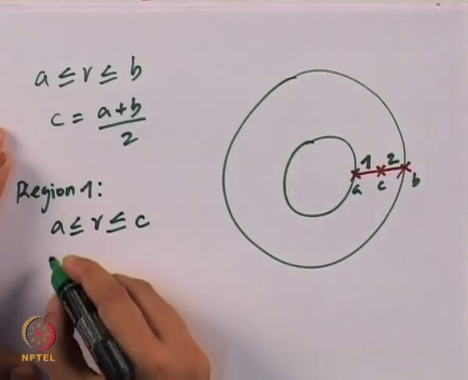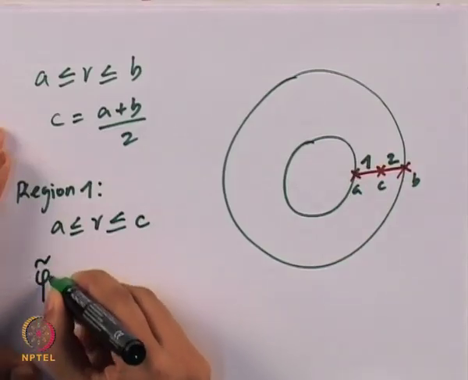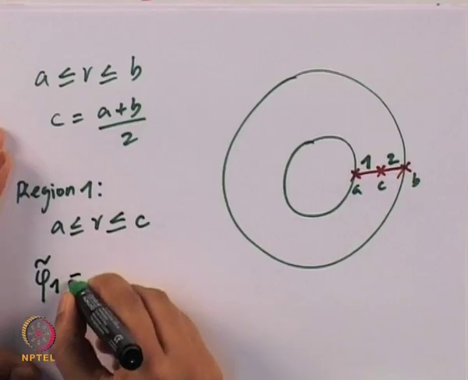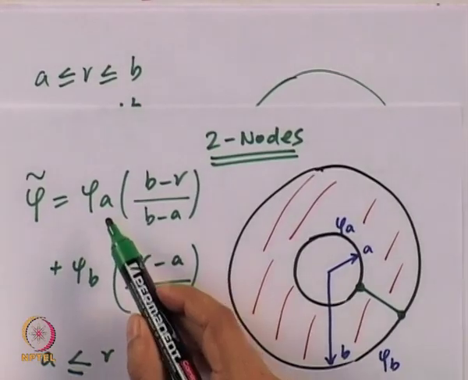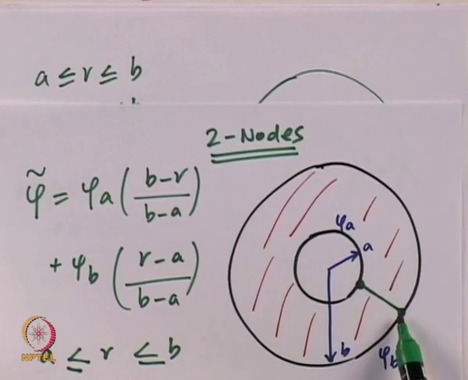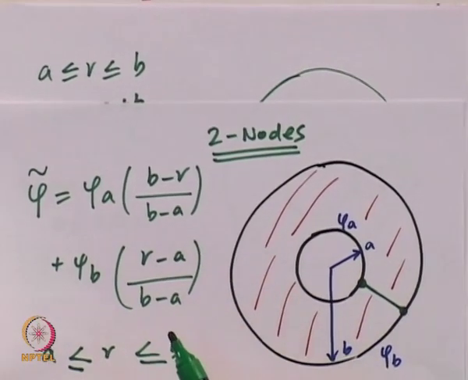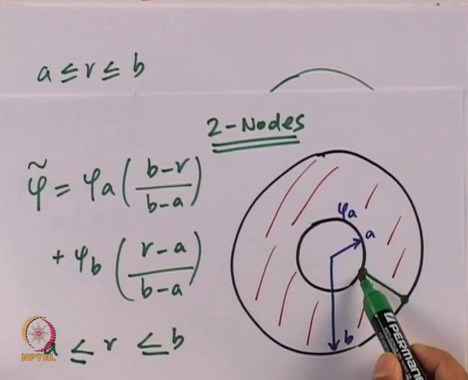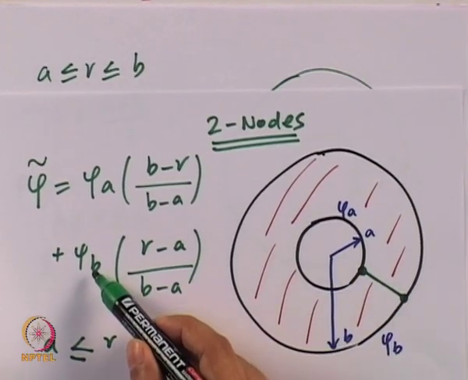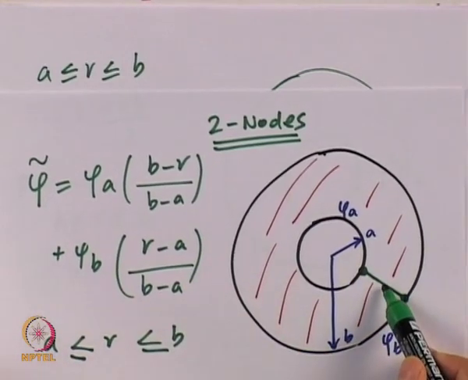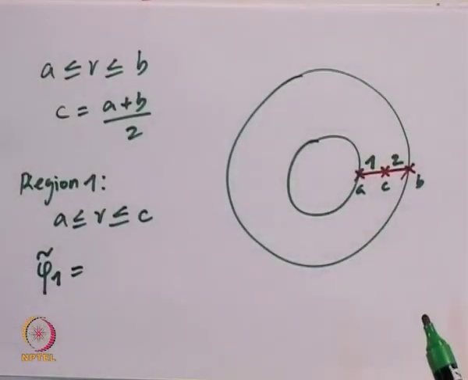For this region, we can compute the phi approximation 1, that is equal to, like before, the first value and the second value multiplied by certain coefficients. So, similarly, we will have the first value, whereas instead of phi B, we will have the value in the middle, because that is our point of consideration.